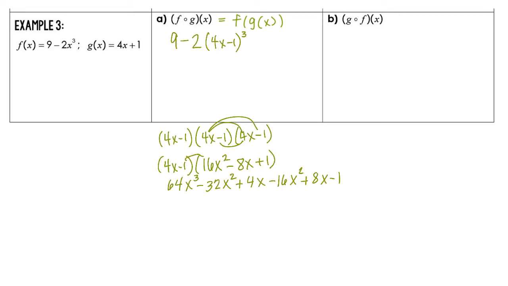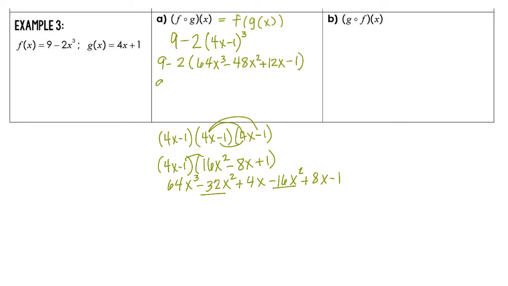All right, so let's put this back up here. So we're going to have 9 minus 2 times, we've got 64x cubed. We have negative 32x squared and negative 16x squared, so that's negative 48x squared, and then we have plus 12x, and then minus 1.